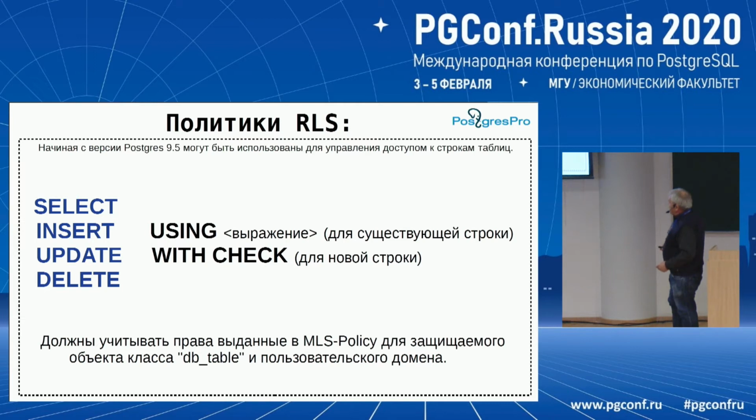Using expression for the existing string with check for the new string, we have 4: select, insert, update, and delete. Very classic. And this is a note. We need to link 2 things, RLS and the SELinux policy.